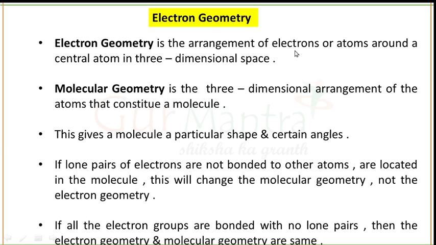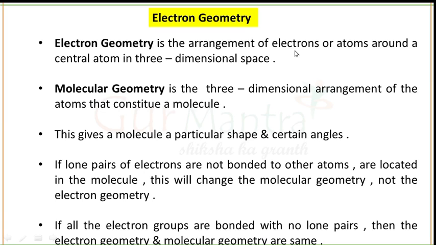Electron geometry is the arrangement of electrons or atoms around a central atom in three-dimensional space, while molecular geometry is the three-dimensional arrangement of the atoms that constitute a molecule. This molecular geometry gives a molecule a particular shape and certain angles.